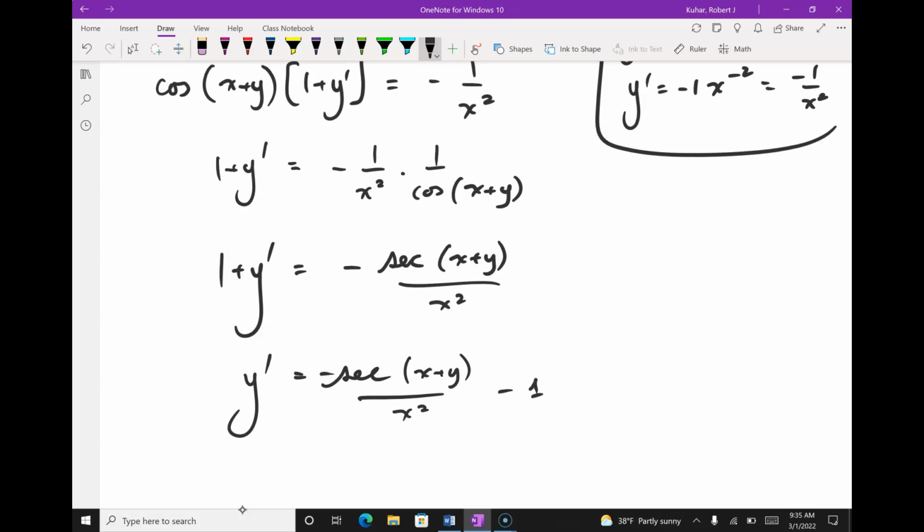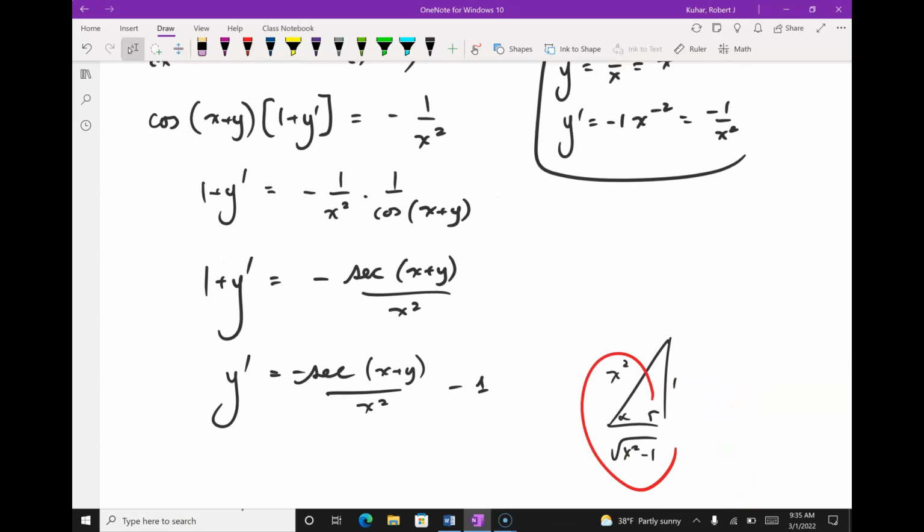So I can get my secant. Rosie, question? No? It's okay if you do. I can get my secant, right, from... secant is the reciprocal of cosine, right? So I need these two sides, but I need hypotenuse over adjacent for my secant.